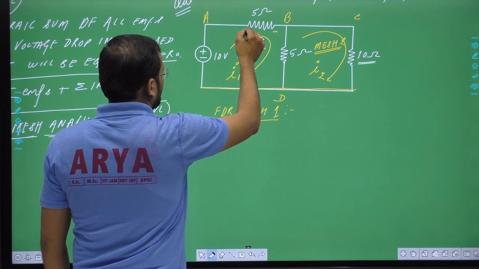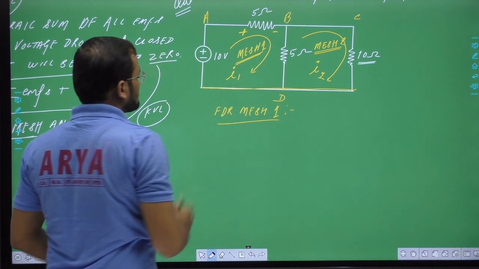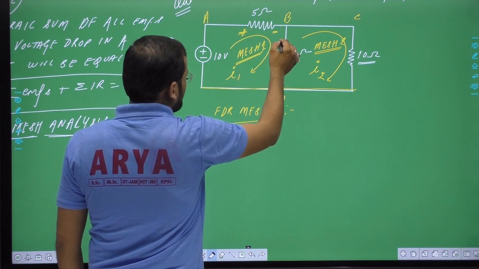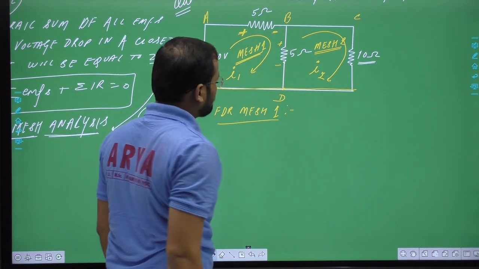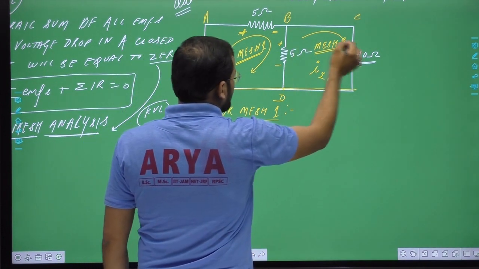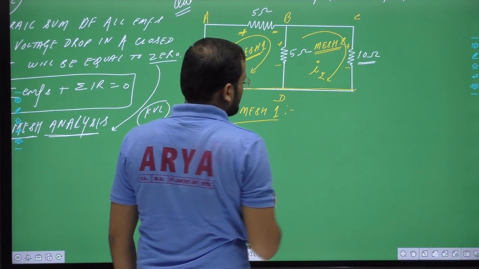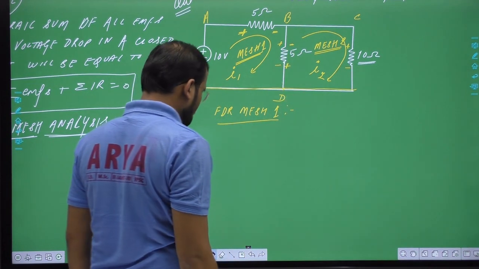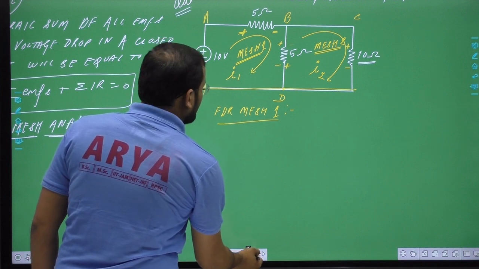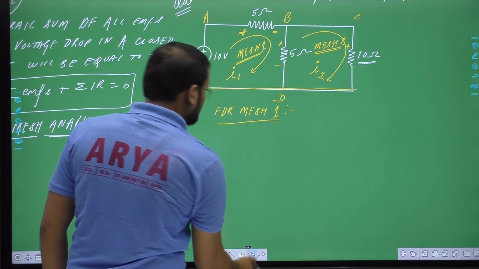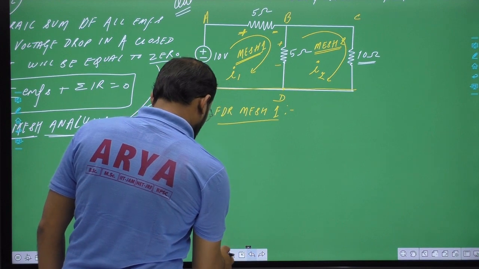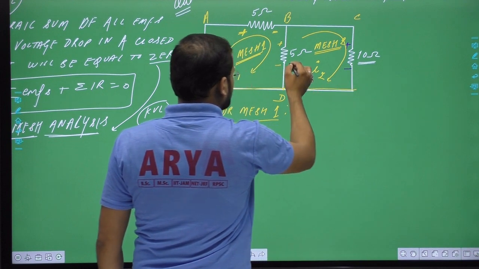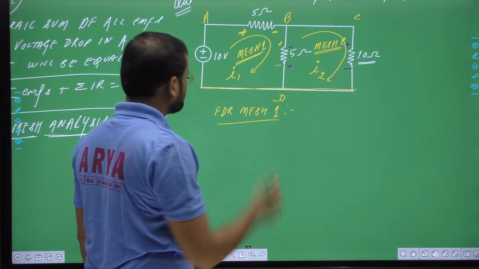So for loop 1, or mesh 1, this sign is positive, this is negative, this is positive, this is negative, and for mesh 2, this is positive, this is negative, this is positive, and this is negative. Let me change the color of the sign so that you can easily understand. Plus, minus, plus, minus.